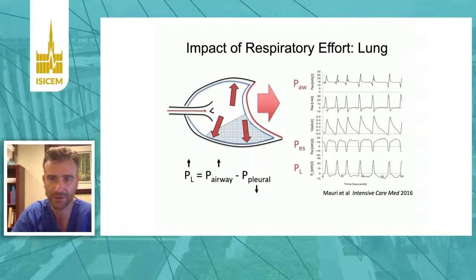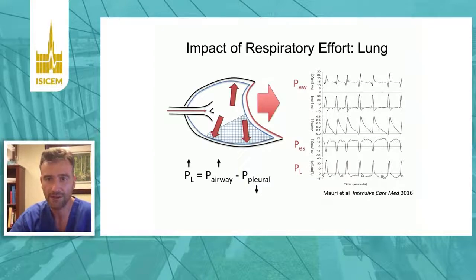Of course, respiratory effort is not only important with respect to the diaphragm, it's also increasingly recognized to be important with respect to the lung. When the respiratory muscles contract vigorously, they increase the volume and pressure applied to the lungs. The transpulmonary pressure, the lung distending pressure, is the mathematical difference between the pressure in the airways and the pressure in the pleural space. When the respiratory muscles are contracting vigorously, pleural pressure becomes very negative, and for a variety of reasons that can lead to lung injury.